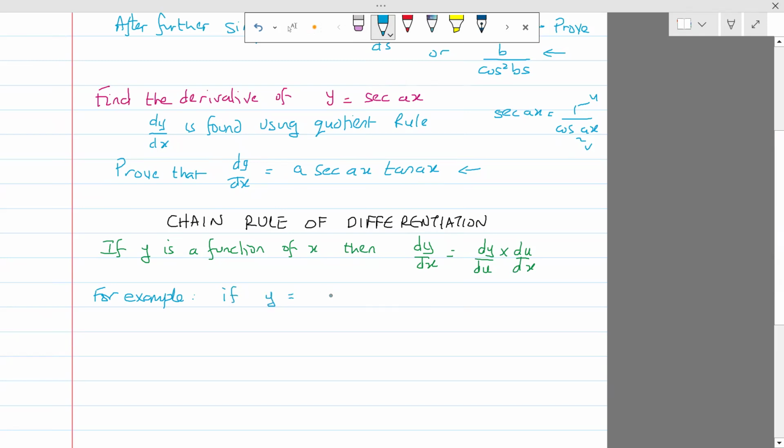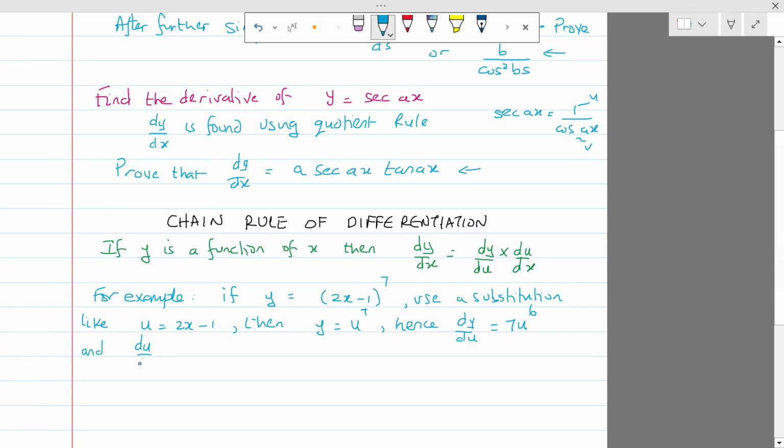If I tell you y equals (2x minus 1) power 7, use a substitution like u equals 2x minus 1. Then what happens? y becomes u power 7. Hence, what happens to dy by du? You bring the 7 here, 7u power 6.